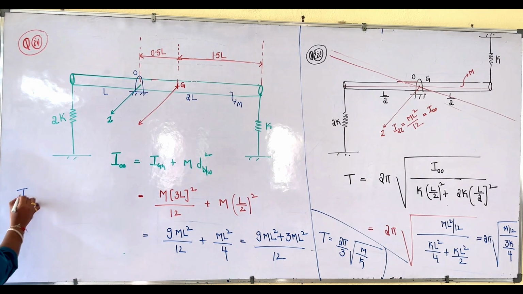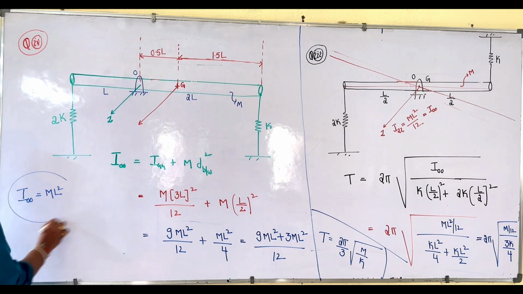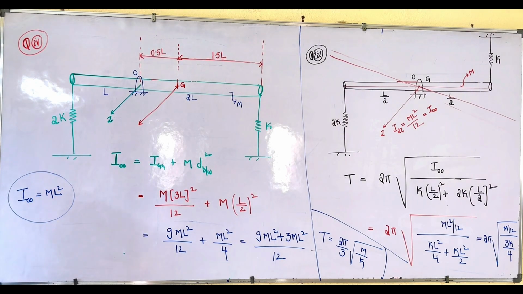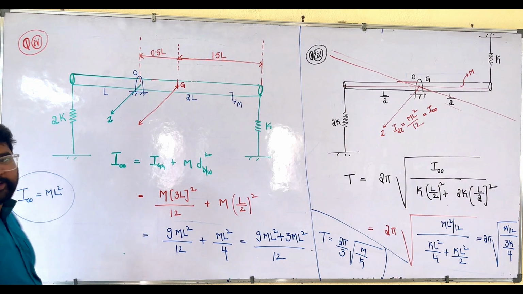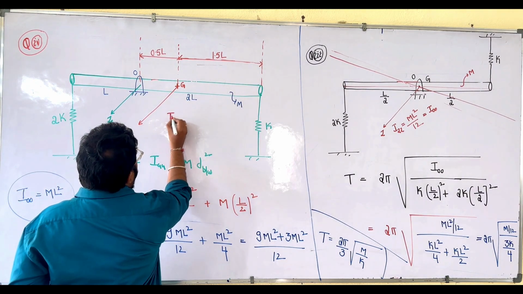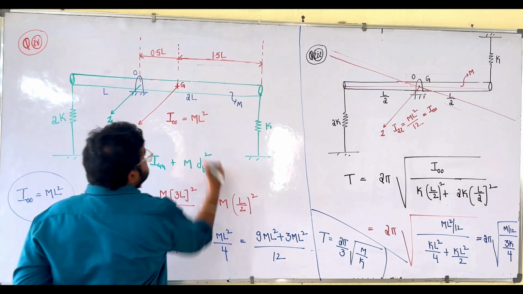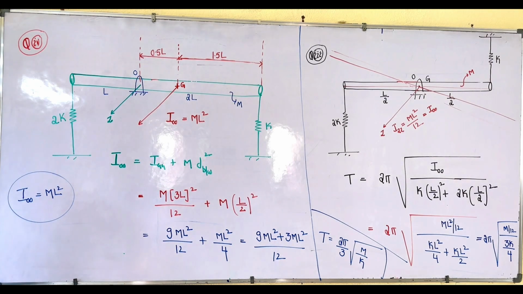IOO equal to how much? ml square will come. That is the mass moment of inertia of the rod about the disturbing point. IOO equal to ml square is obtained. Clear?